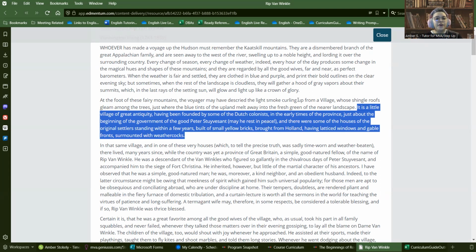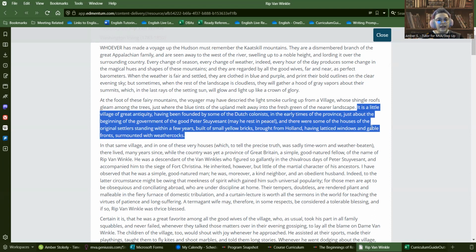And you don't have to know exactly who he is to just know that apparently he's a historical figure that's important. And then it says that there were some houses of the original settlers standing within a few years. So they describe what the oldest homes looked like when they were built. Small yellow bricks that were brought from Holland, and Holland is a country.